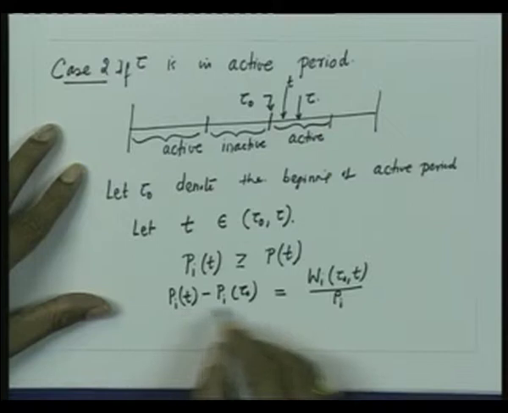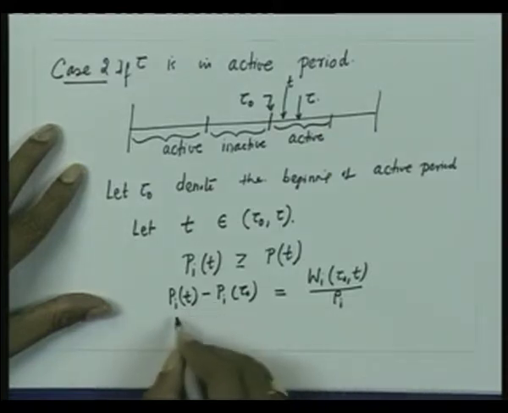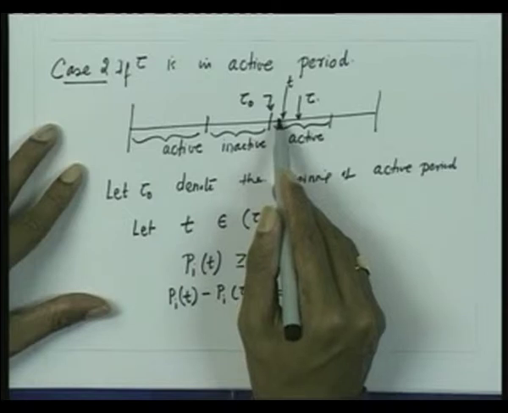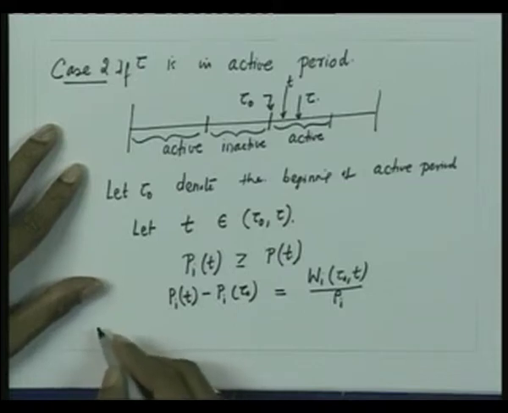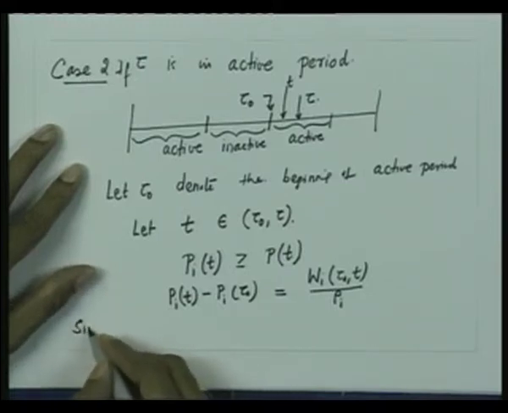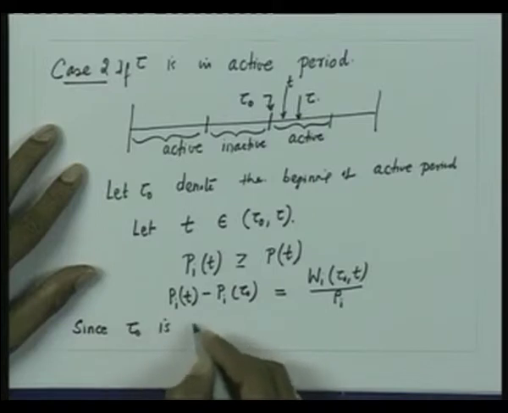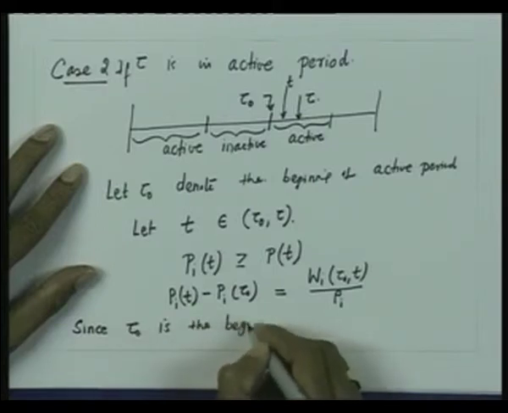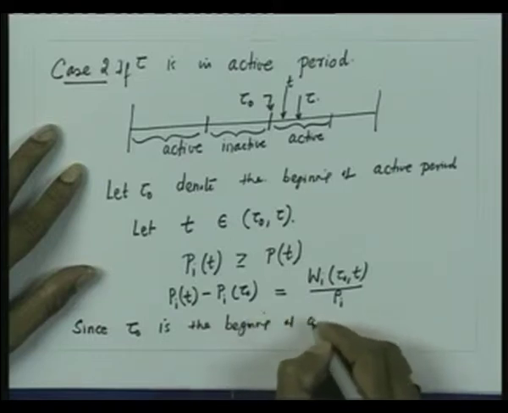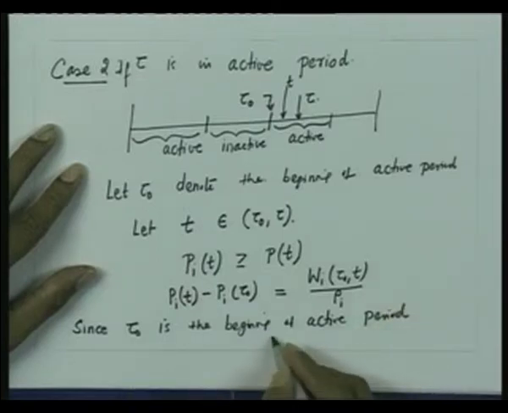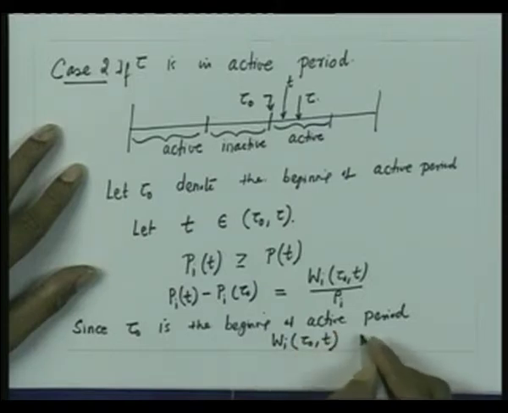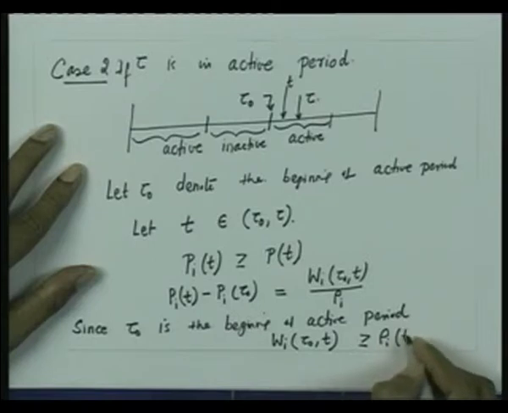This is by definition of the active period. Since tau naught is the beginning of an active period, it also means that Wi(tau naught, t) should be greater than or equal to rho i times (t minus tau naught).